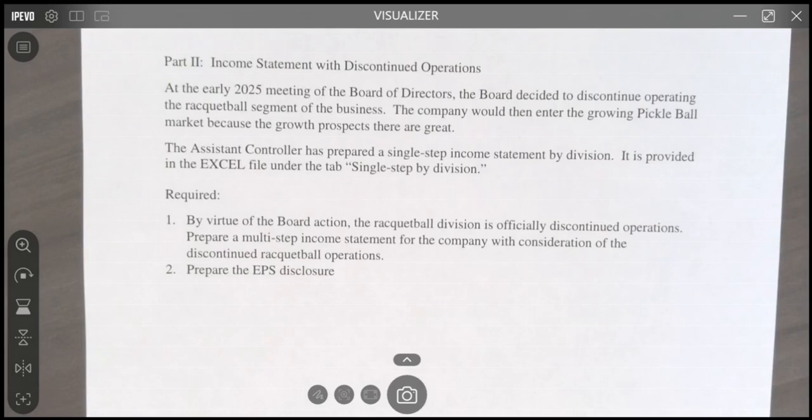But we accountants, we CPAs at the company, and we auditors have to prepare the income statement with acknowledgement that we have discontinued operations. To that end, the assistant controller, usually the number 2 financial accounting person, who reports to the chief accounting officer, has prepared a single-step income statement by division, and you saw this earlier.